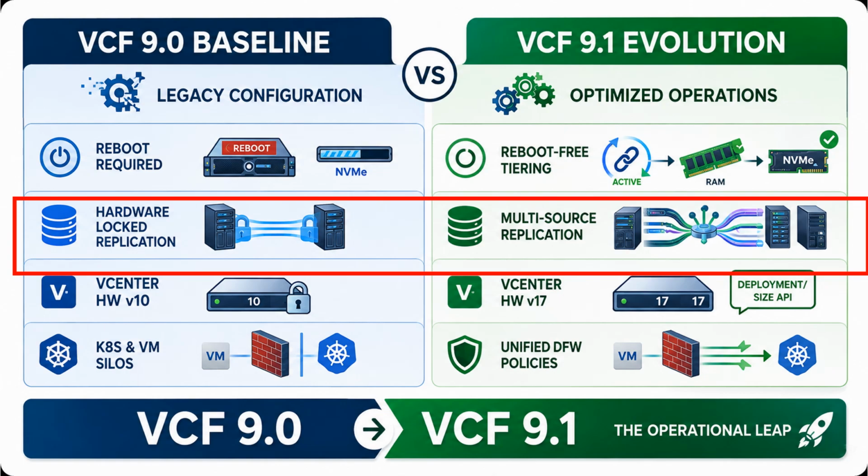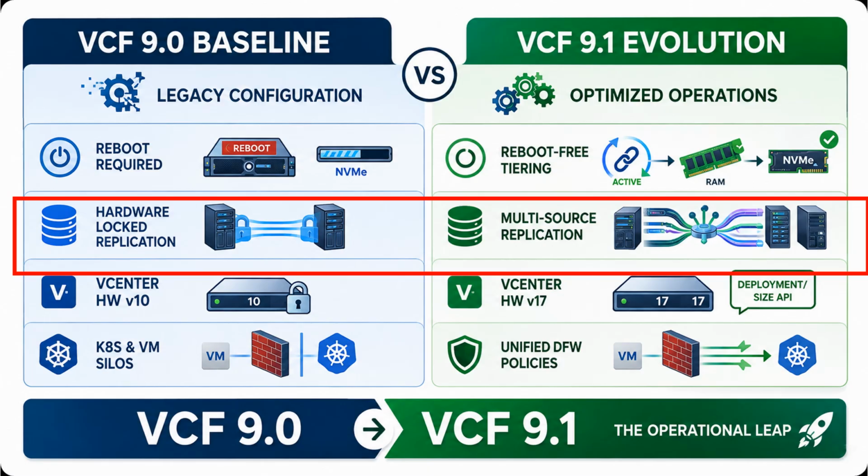But the reality in enterprise environments is that customers don't always have only vSAN, right? They may have vSAN, they may have VMFS, they may have NFS, or some other old storage platforms. So different clusters at different sites will have different storage. Now, VCF 9.1 expands this with multi-source replication.